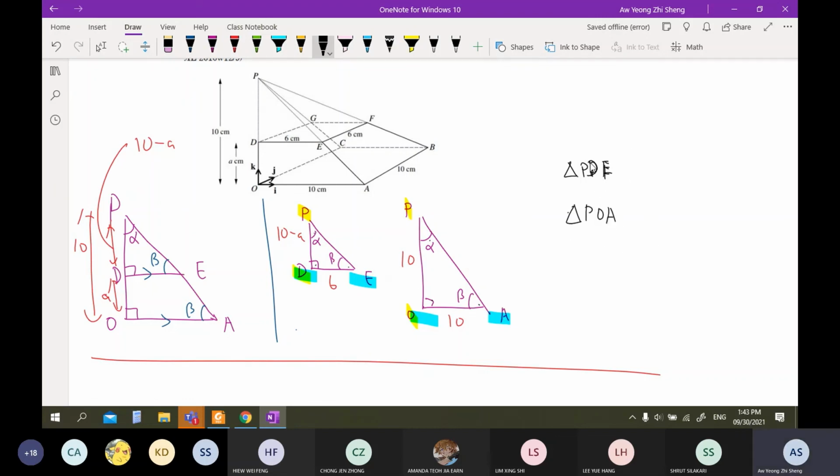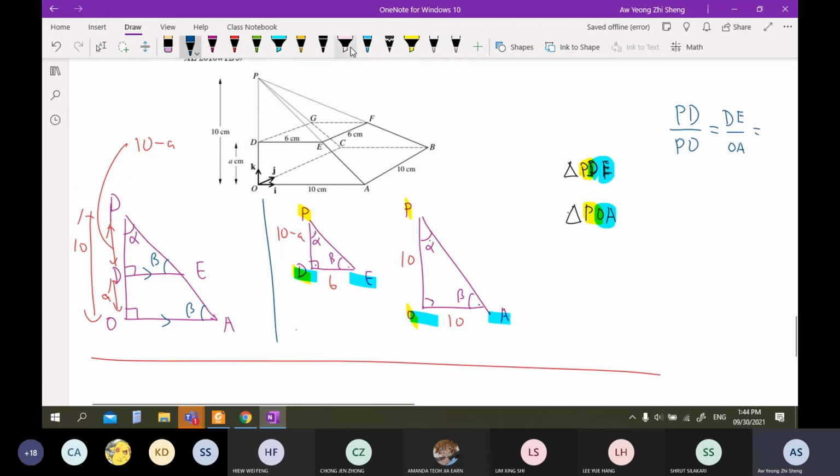So when you name the two triangles in corresponding orders of angles, then it's easy to get three fractions that you can equate. If you take the first two letters and the first two letters, you have PD divided by PO. If you take second and third, you have DE divided by OA. This will be equal.